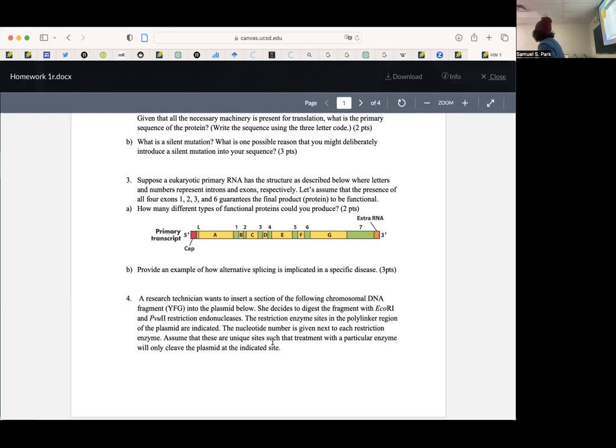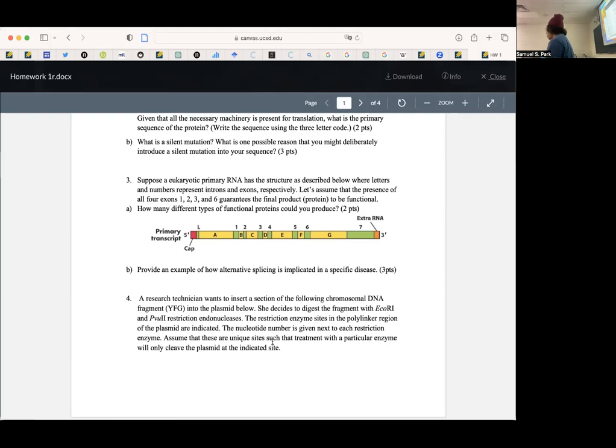When splicing occurs a lot, some of them are just not going to work, and there'll be more and more defects as Alzheimer's disease progresses. That was my understanding. So alternative splicing is not some random event that's happening.